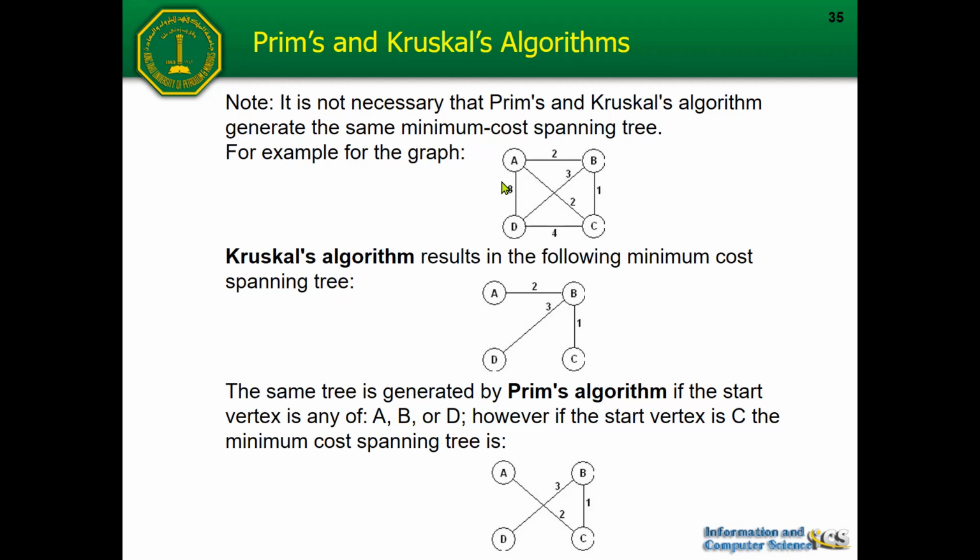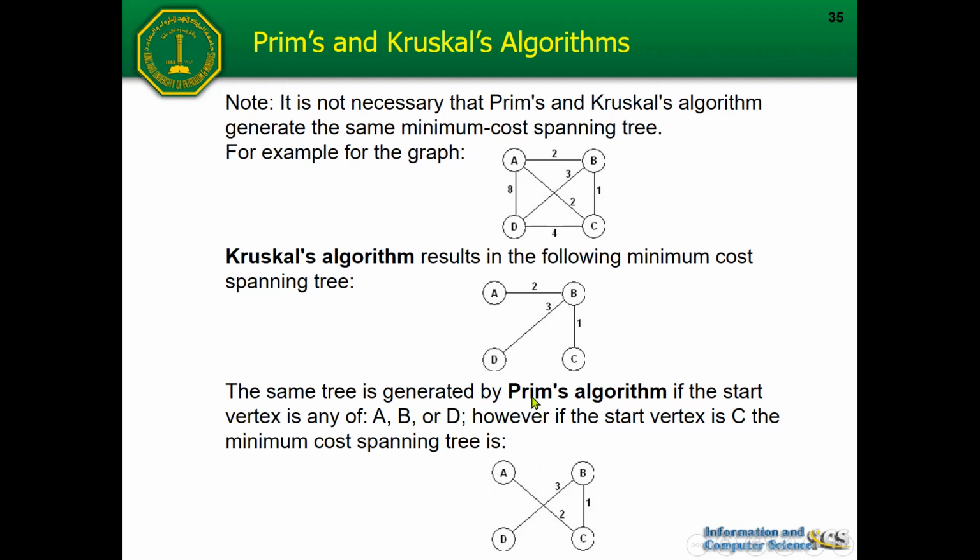But sometimes they can also generate the same minimum cost spanning tree. For example, this is the input graph. If we apply the Kruskal algorithm, we will get this answer. And if we apply Prim's algorithm using A, B, or D as the starting vertex, we will get this result. But if we start from C, then the minimum cost spanning tree of Prim's algorithm will be this graph.